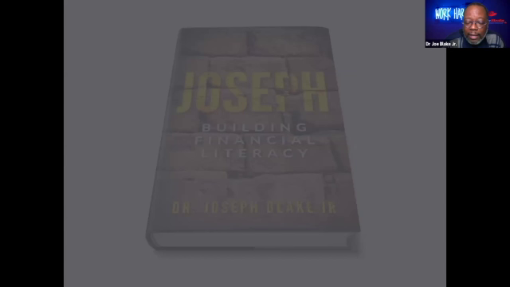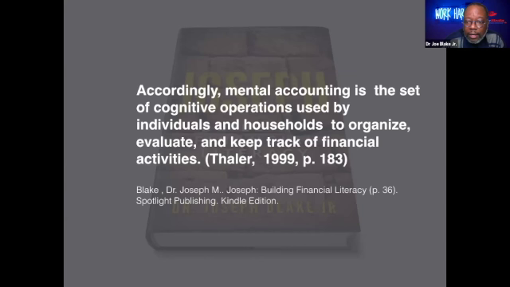Now, mental accounting is a cognitive operation that we use in households to organize, evaluate, and keep track of activities or spending patterns that we have in our life or in our homes.